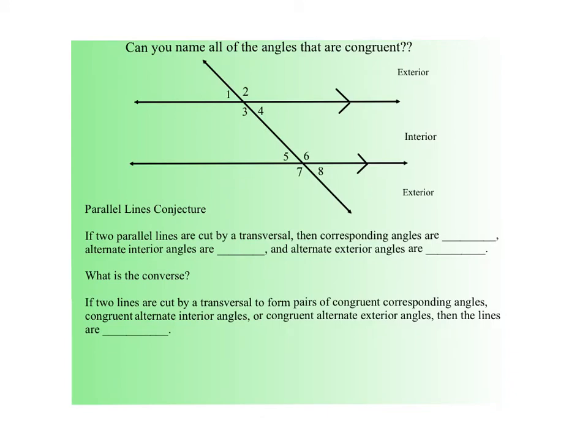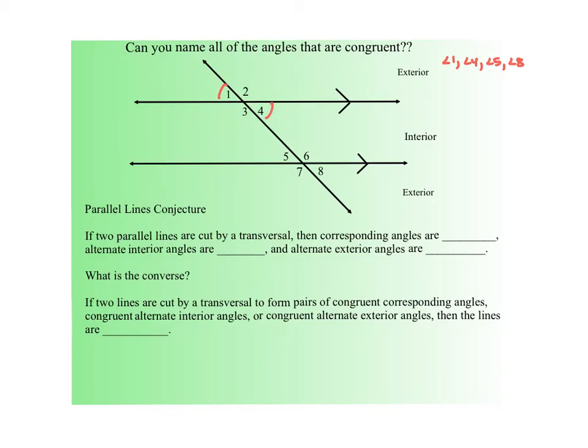Okay, so can we name all of the angles that are congruent? Well, I could say that the following angles are congruent: angle 1, angle 4, angle 5, and angle 8.